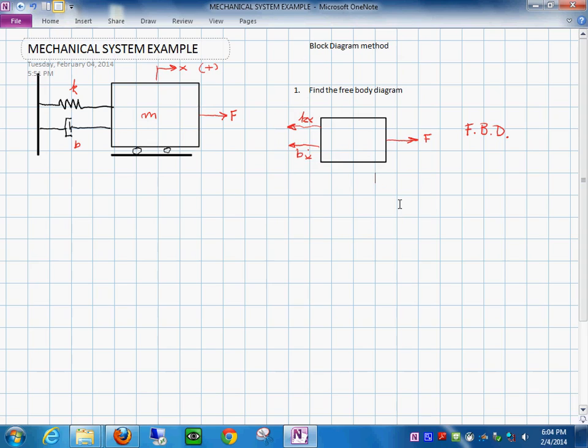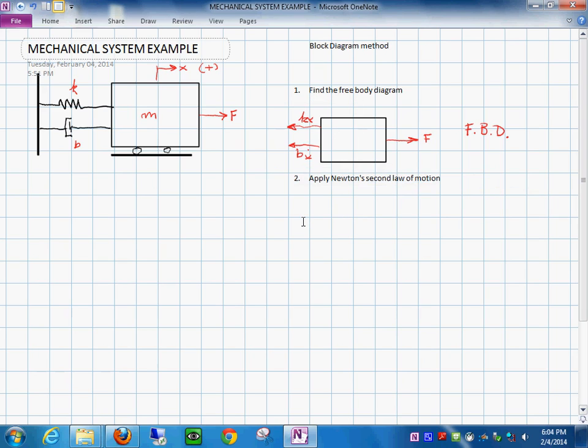So why don't we make another one over here? Yeah, there it is. So we're going to put: apply Newton's second law of motion. Very good, and we can move it over here.